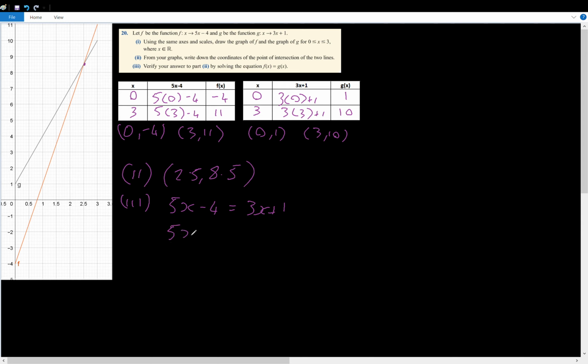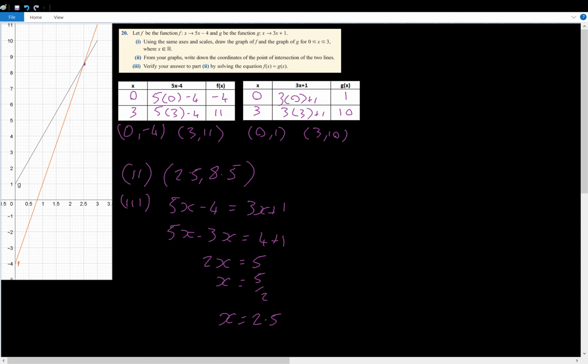So we're going to get 5x minus 3x is equal to 4 plus 1, which means 2x is equal to 5. So x is equal to 5 over 2. So x equals 2.5.